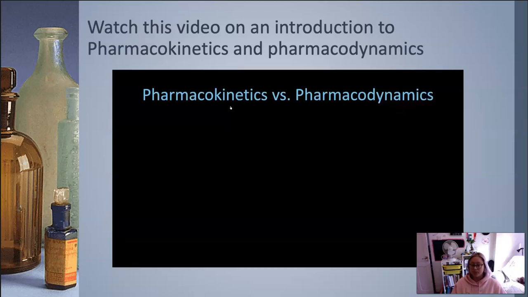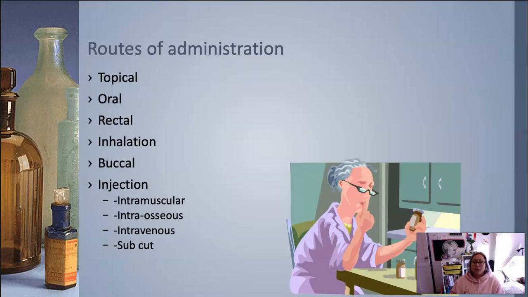So when you look at routes of administration, as we said earlier on, there are lots of different routes. We could have topical, so we're thinking about a cream that's applied to a certain area, it might be an antibiotic ointment, an antifungal ointment, something like capsaicin cream or deep heat.